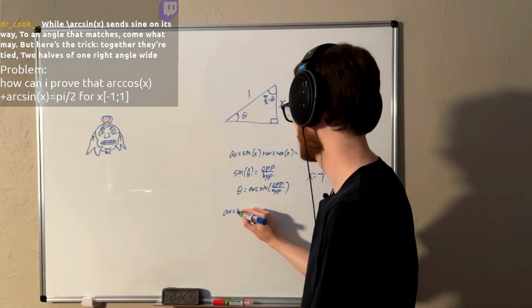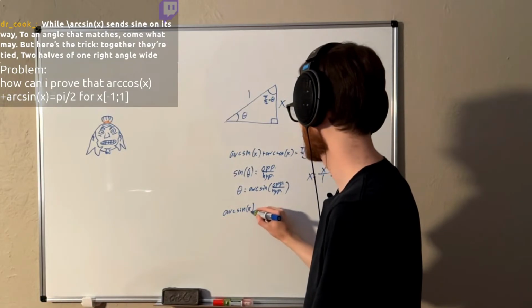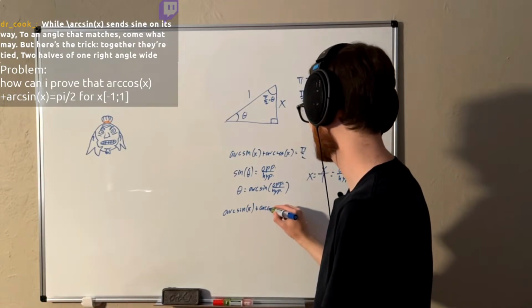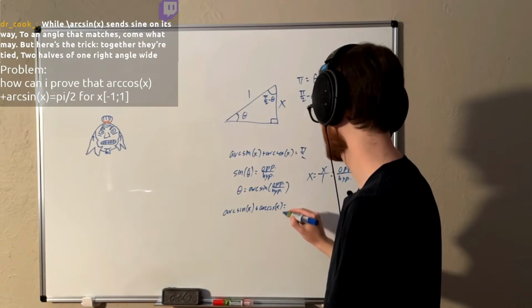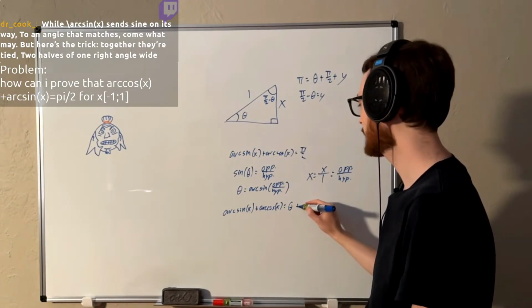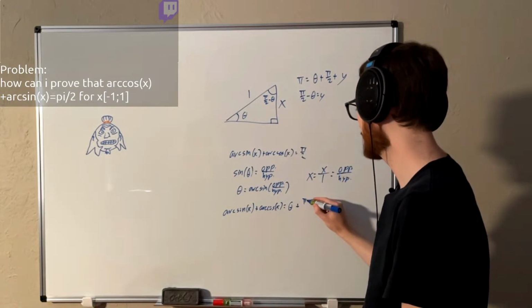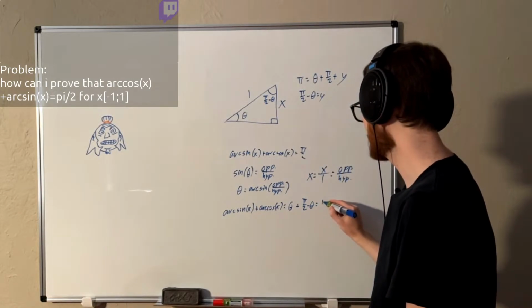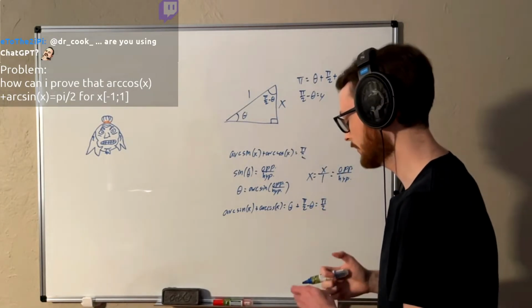So arc sine of x plus arc cosine of x is equal to theta plus pi over 2 minus theta. The thetas cancel and we get just pi over 2. I think that's how you do it.